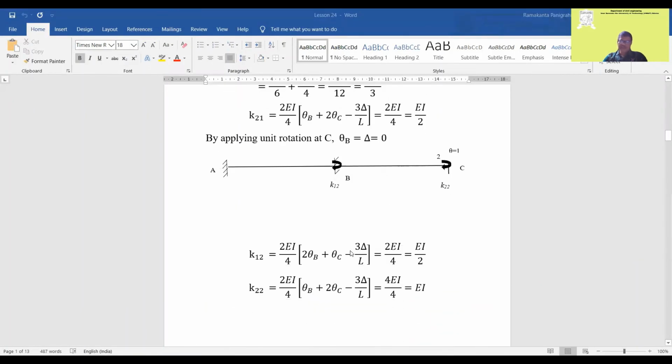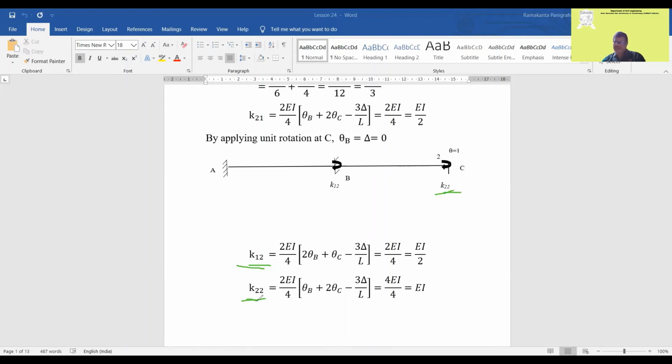Go to the second. Now, what is the problem here? Now, your theta B is 0, delta 0, and you are applying the 1 unit displacement rotation in coordinate 2. What is the force developed at 1? That is K12. Force developed at 2, K22.